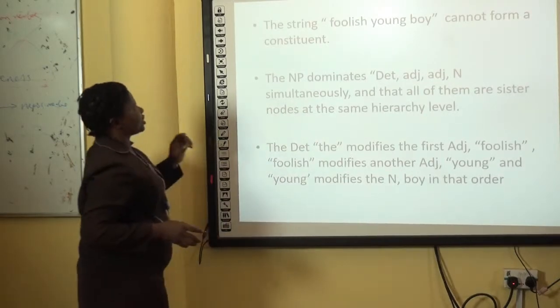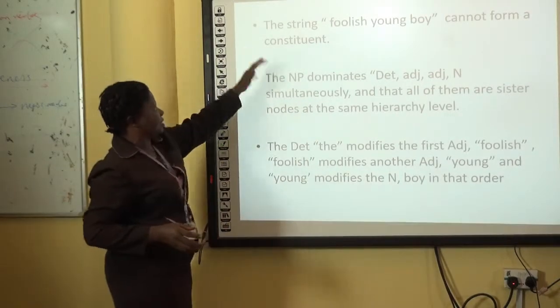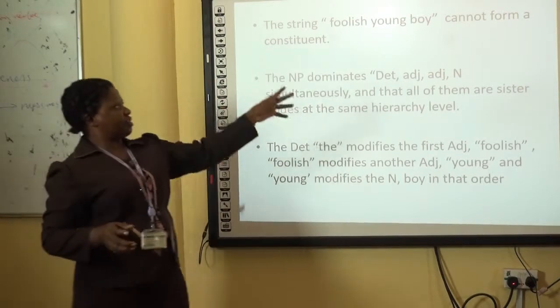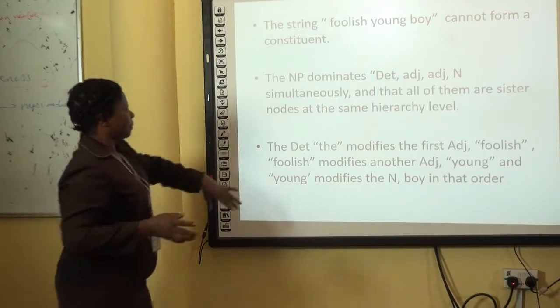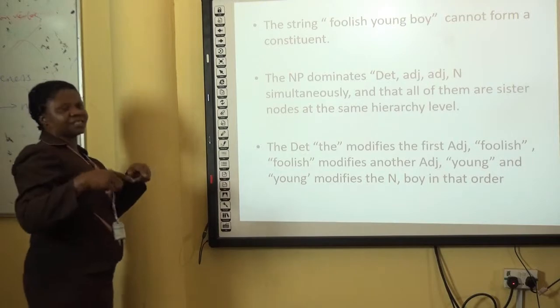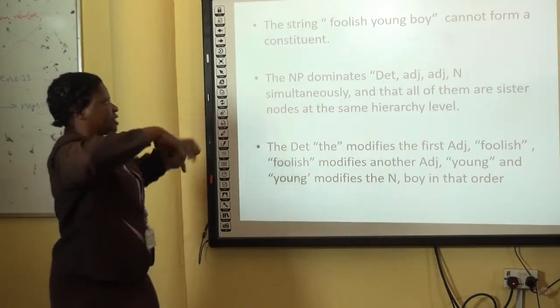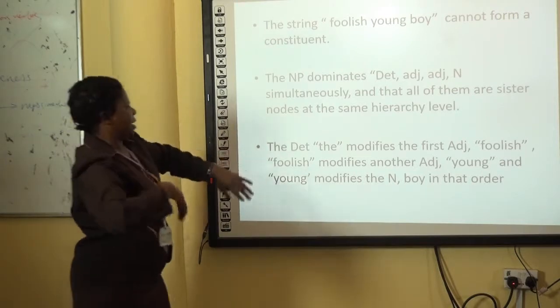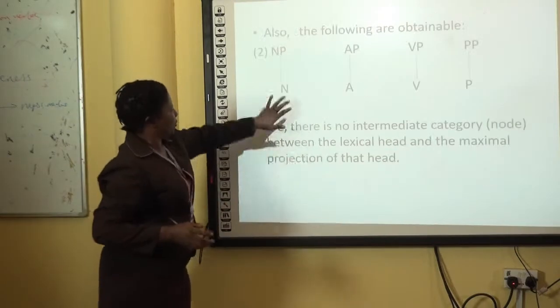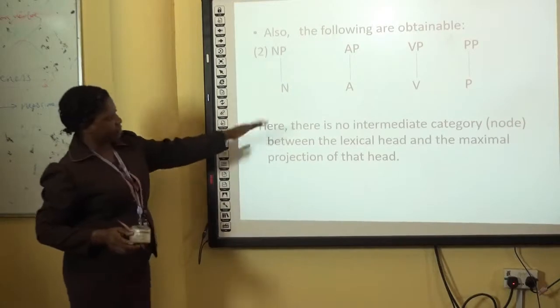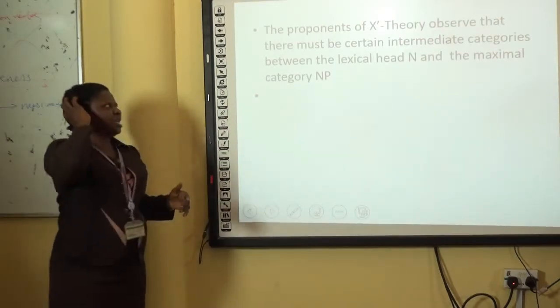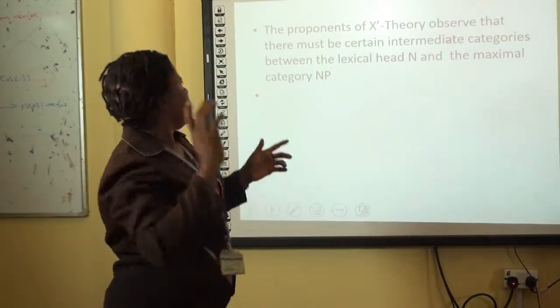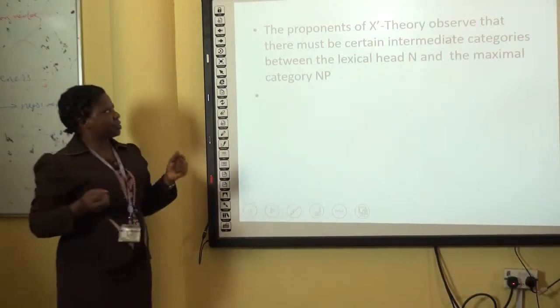So now the string, foolish young man, cannot form a constituent. From the diagram we see that the NP dominates everything, the determiner and the rest of the words. Now, what is the major point?